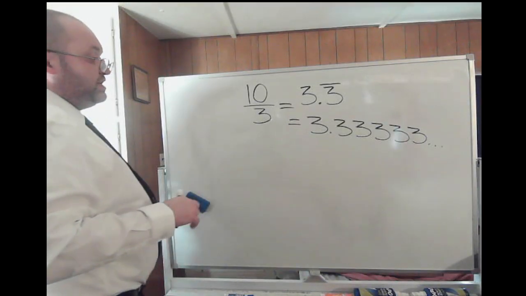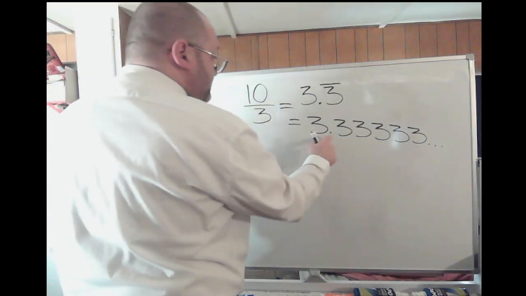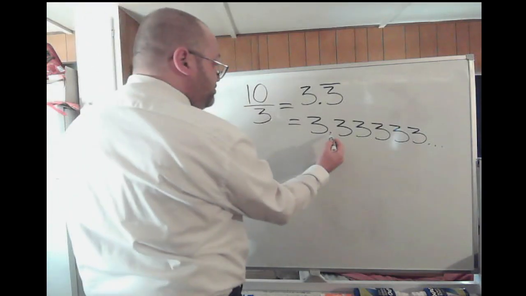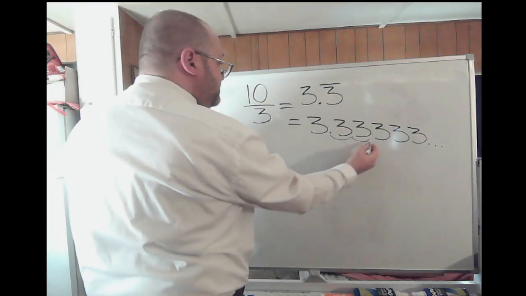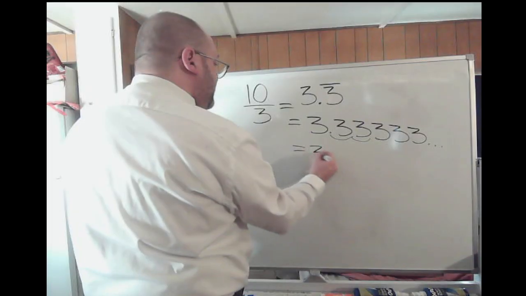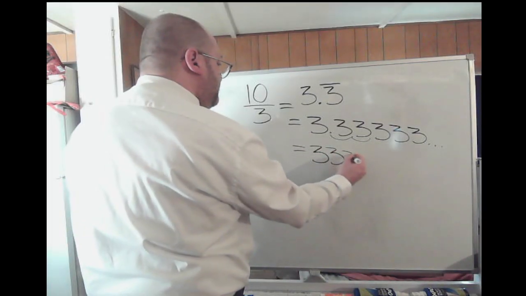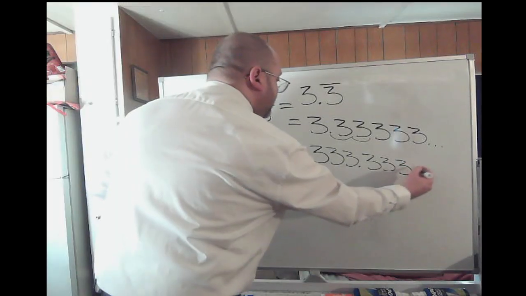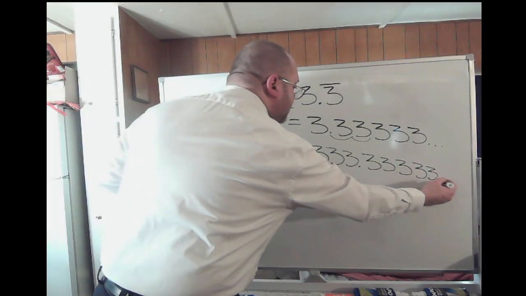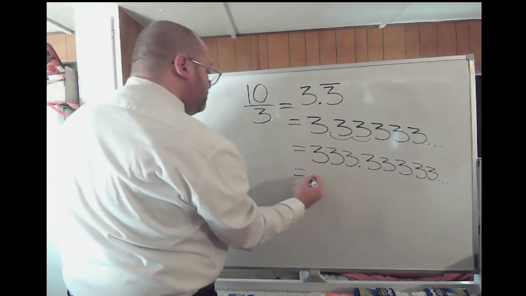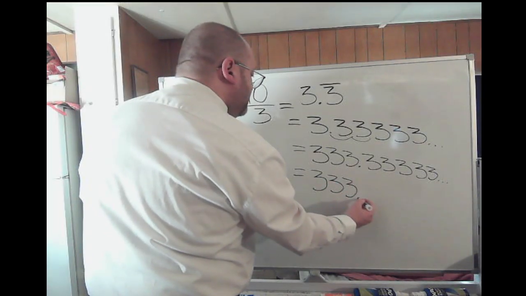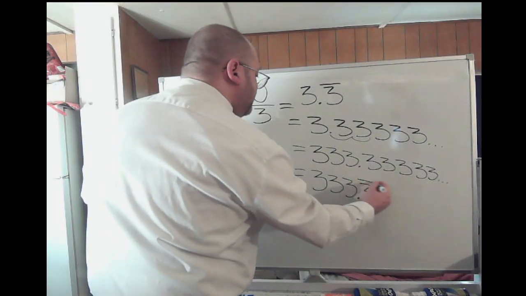Well, like you would to convert a decimal to a percent, you move it 2 places to the right. So if we move the decimal 2 places to the right, 1, 2, you would have 333.3333..., which simply is equal to 333.3 repeating percent.